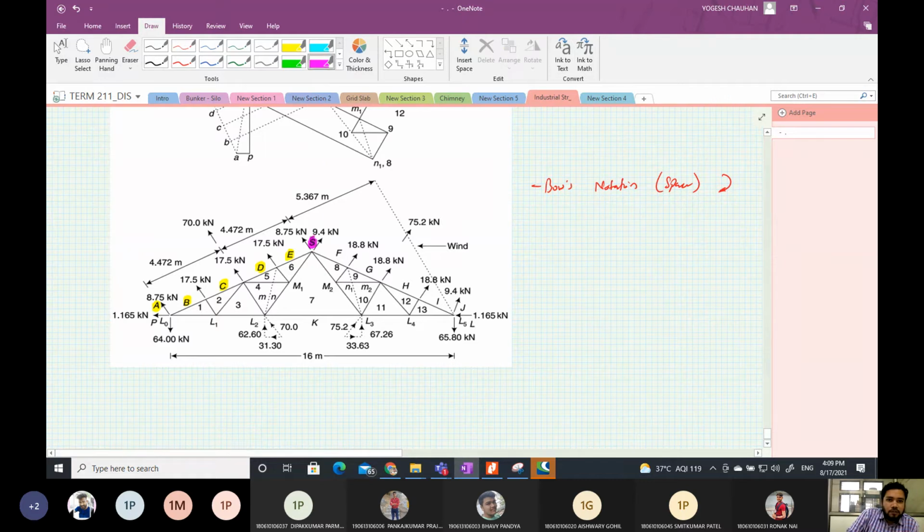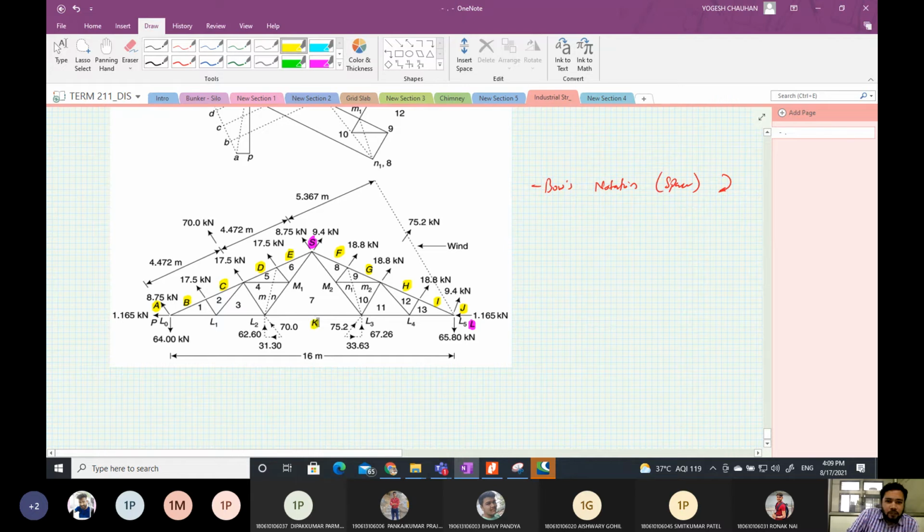Then F, G, H, I, J. These are all the same as the earlier notations, but here we have one additional space, that is L, because we have these two reactions and in between there is a space.